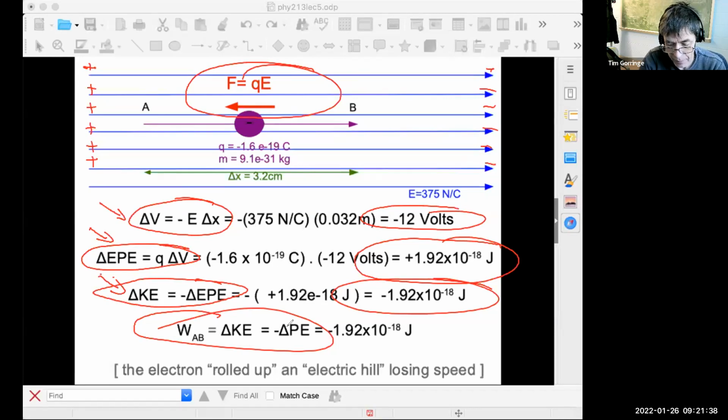That's where the energy came from. And so the work done on the electron is a negative work done. And that's because you can see that the force is towards the left, the motion is towards the right. And so there's negative work being done on that electron. It's being slowed down. It's being decelerated.